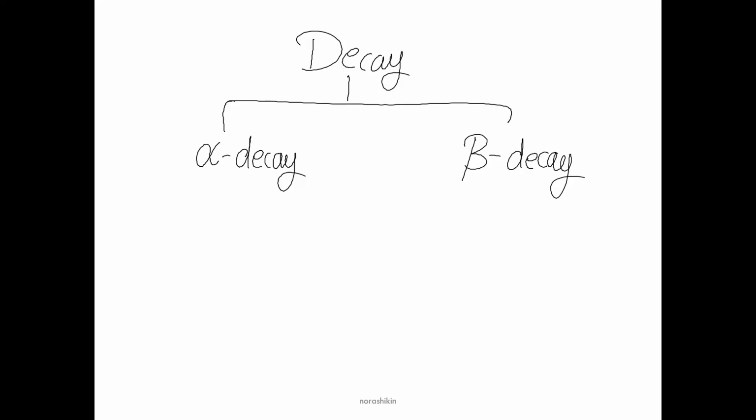Remember that gamma rays do not cause decay. Alpha particles can cause decay, beta particles can cause decay, but gamma rays do not cause decay. You have to copy this also.